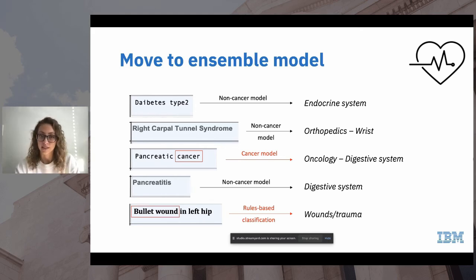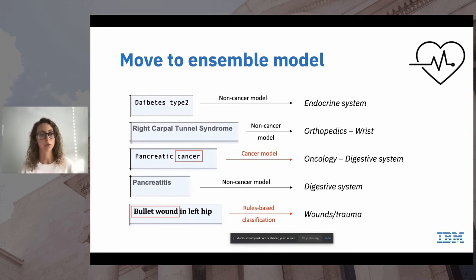Pancreatic cancer, of course, cancer is an indication that cancer is involved. So it gets sent to the oncology model, which now has a much easier task, as it only has oncology classifications to output. So I think there were 13 different oncology-based classifications, and once we know that it's cancer, it's really easy for the model to understand that the pancreatic means digestive system, and so it doesn't dilute the probability of that specific classification by having the other digestive system category there watering down that probability.